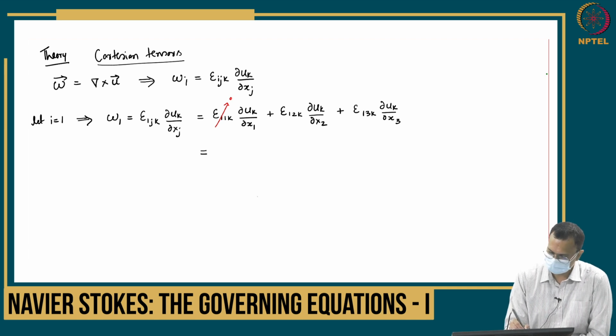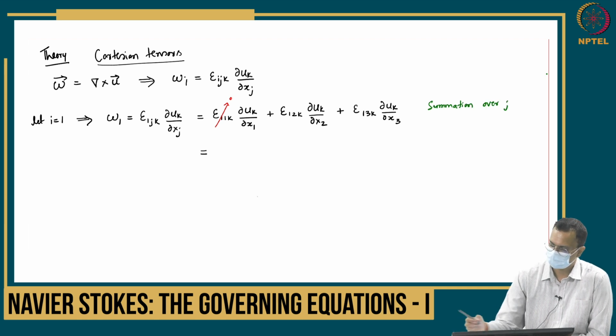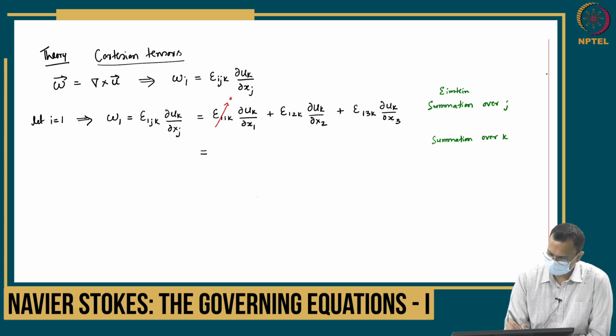So now I have summed over j. Now I will do the summation over k, the Einstein summation, for both the terms.